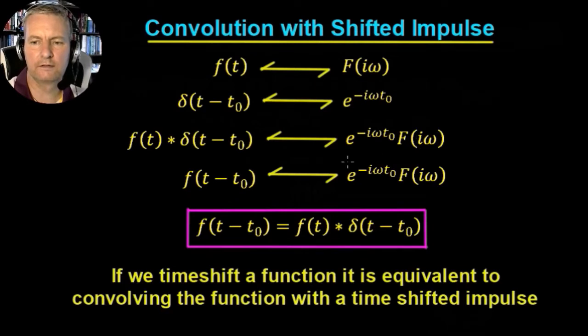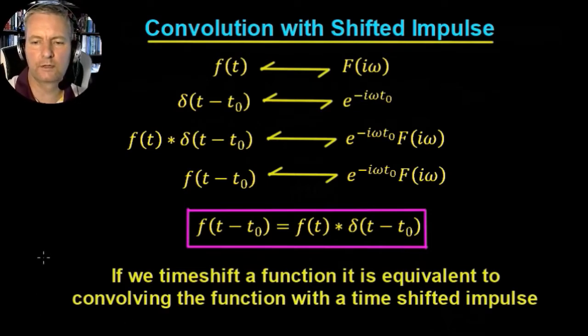So just convince yourself of that. We're just going round about this square. This equals that, but this is equal to that, therefore this must be equivalent to this here. So we can say that f of t minus t naught is equal to f of t convolved with delta of t minus t naught.